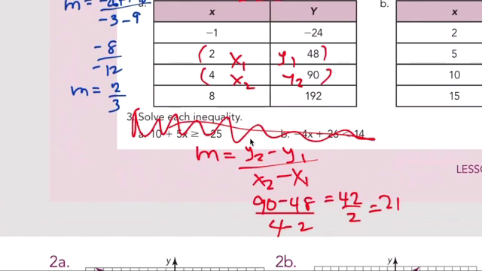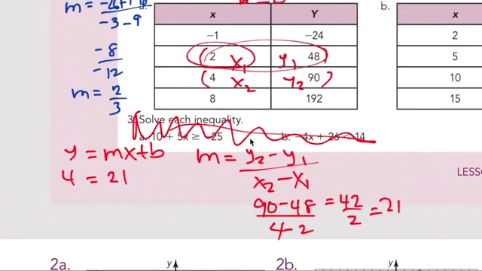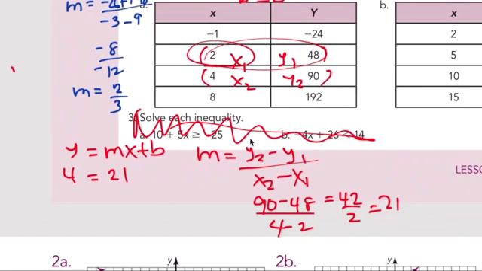And finding the y-intercept, you need to use y equals mx plus b. Please do this on a separate sheet of paper, not on your textbook. Y equals 21. Let's use these two. So y is 48, and then x is 2 plus b, so 48 equals 42 plus b.